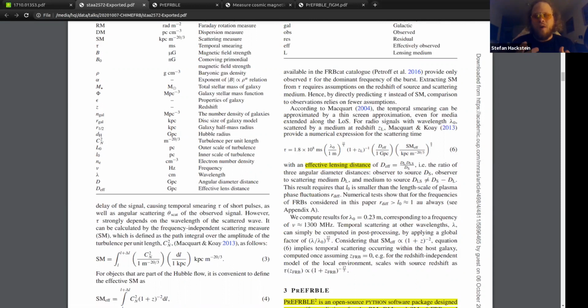This is why we expect that intervening galaxies are dominating this temporal broadening, and we are trying to look whether this temporal broadening allows us to identify lines of sight with intervening galaxies, and whether we can find all of these lines of sight using only the temporal broadening.